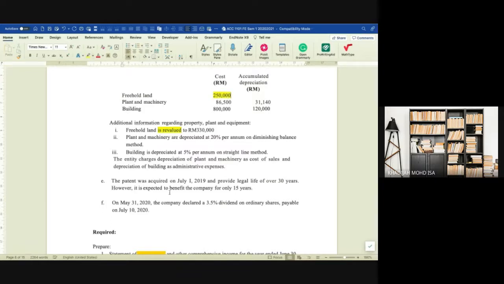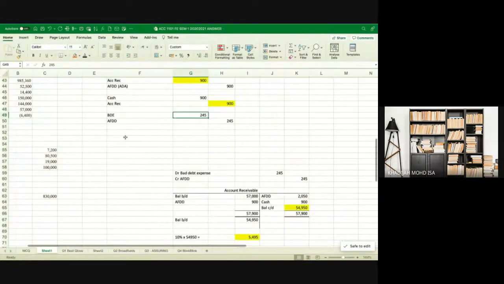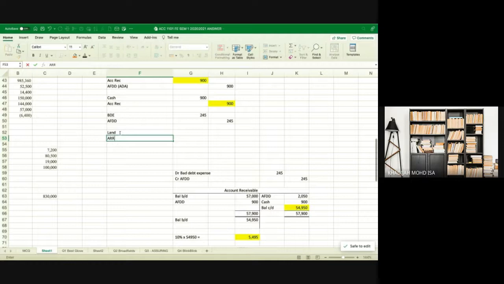So how much is the revaluation? 80,000. When you revalue upwards, you're going to debit your land and credit your asset revaluation reserve. So debit land, increasing the value by 80,000, and credit ARR 80,000.